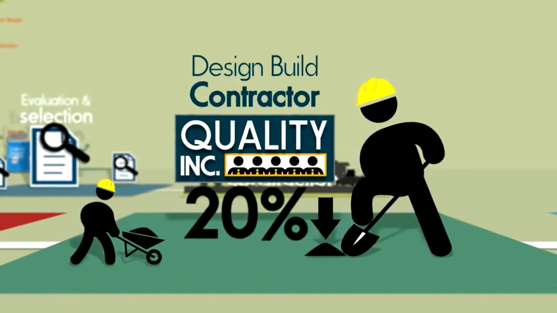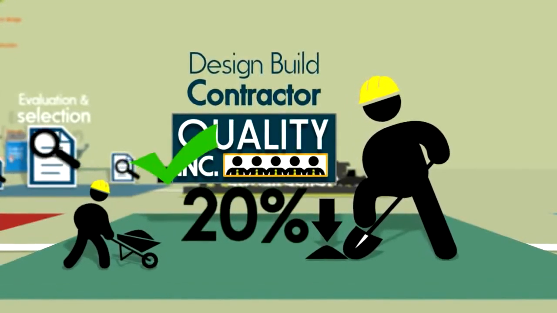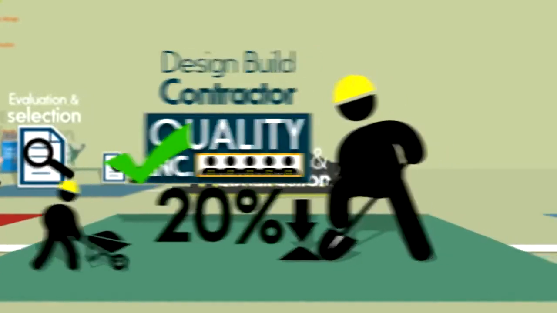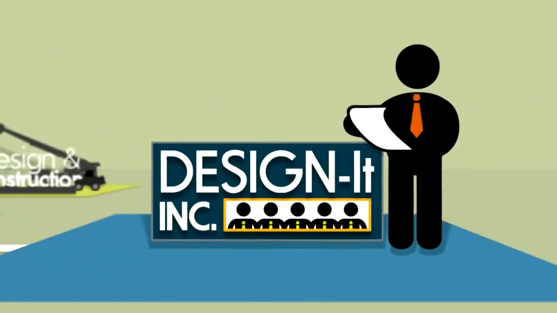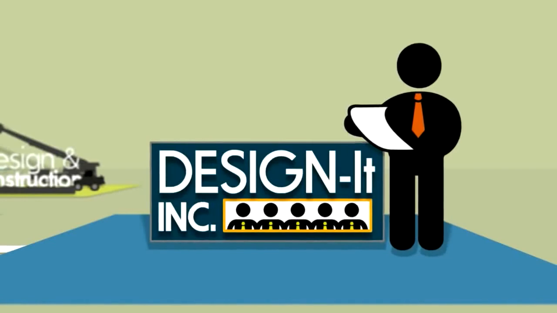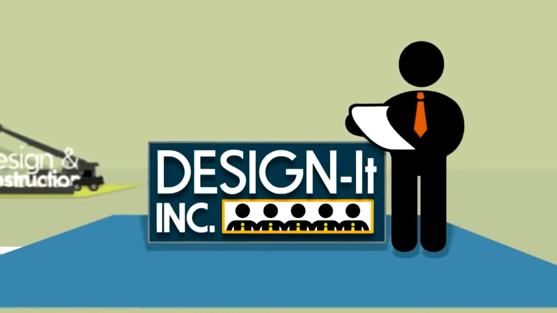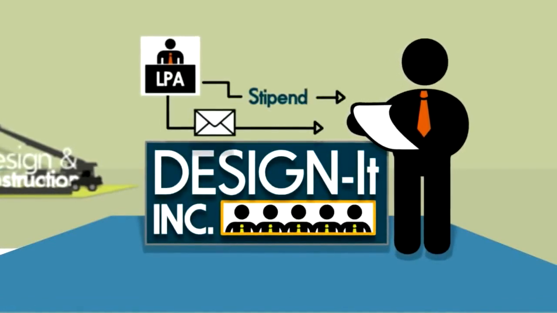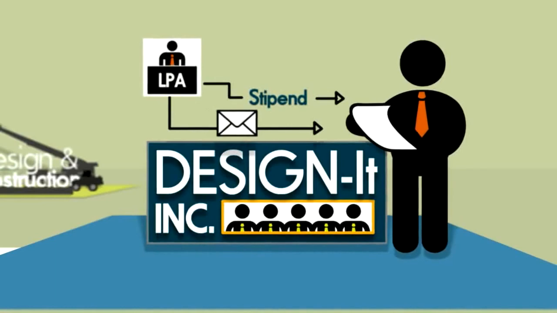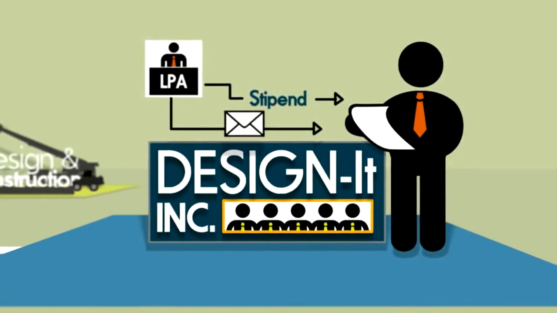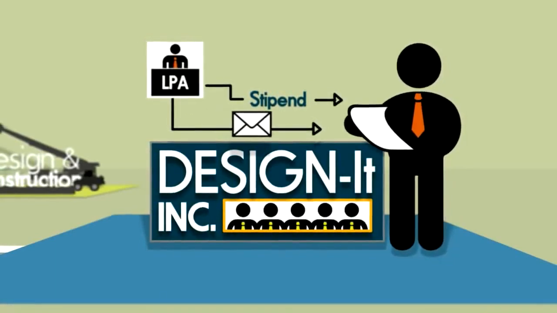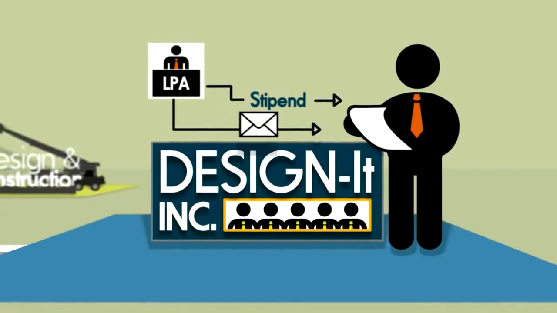Hometown LPA awards the contract to Quality Incorporated and notifies Design It Incorporated that it was not selected. Since Design It Incorporated was not selected, a stipend is offered as reimbursement from Hometown LPA for a portion of the proposal development cost. Including a stipend is allowable but not required under federal rules, and its use is at the discretion of the project owners.